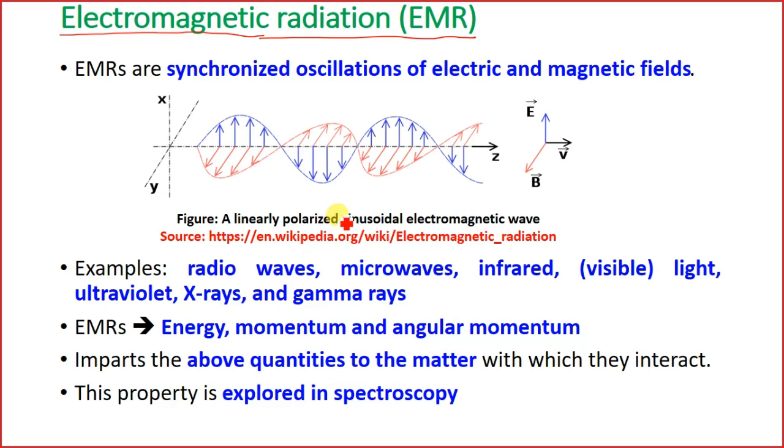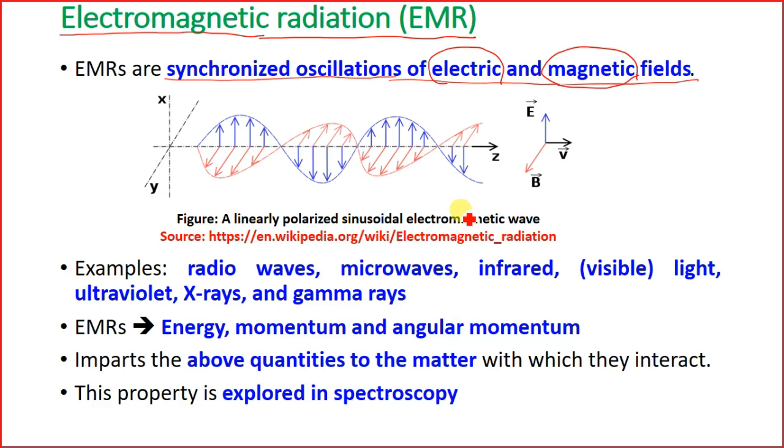Electromagnetic radiations are basically synchronized oscillations of electric and magnetic fields. That means they have synchronized fields, the electric field and the magnetic field, which are moving together in a synchronous manner.